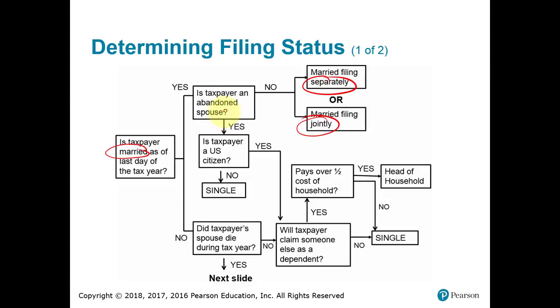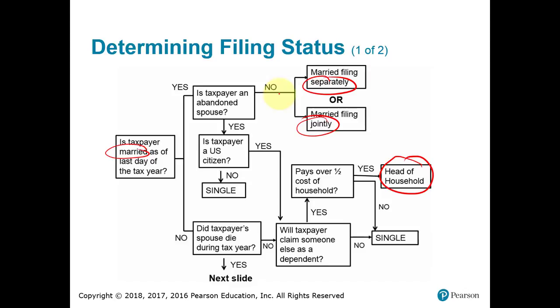So the next thing we ask our taxpayers is if they're a citizen. And we say yes, and whether they're going to be claiming a dependent child. And if they say yes, even though our taxpayer is married, they can claim the head of household filing status, which is better than a married filing separate filing status.